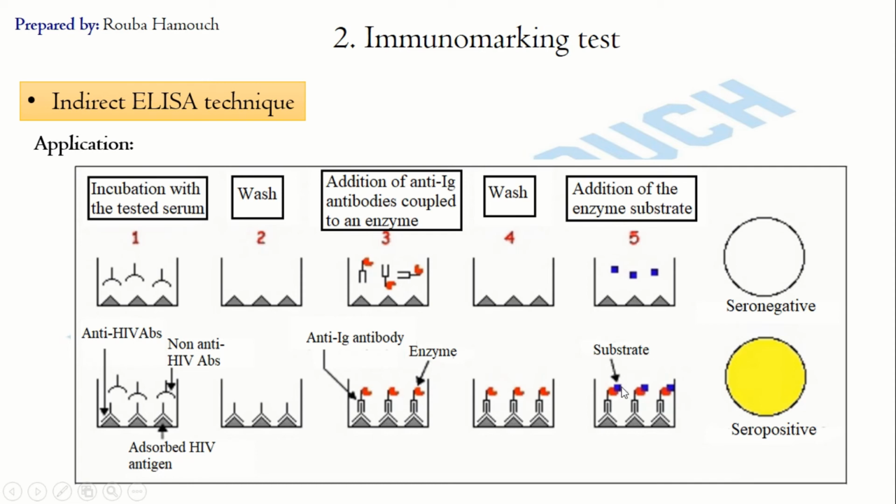Now when we add the substrate, the enzyme transforms the substrate into a yellow colored product, indicating a seropositive test. So the patient has in his serum anti-HIV antibodies, thus the patient is affected with HIV.